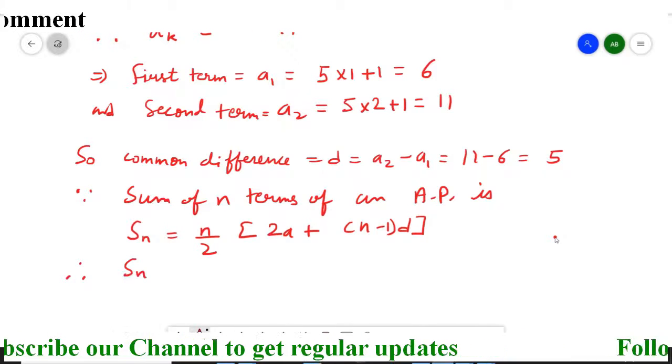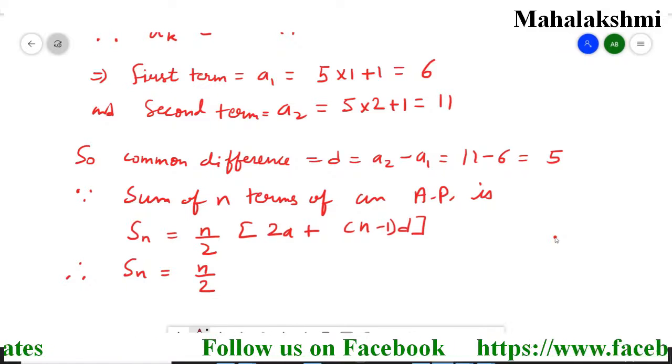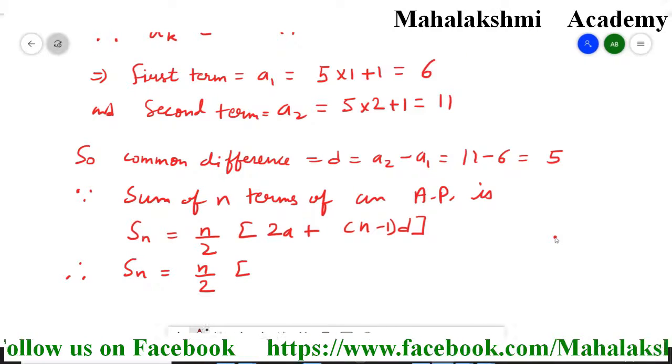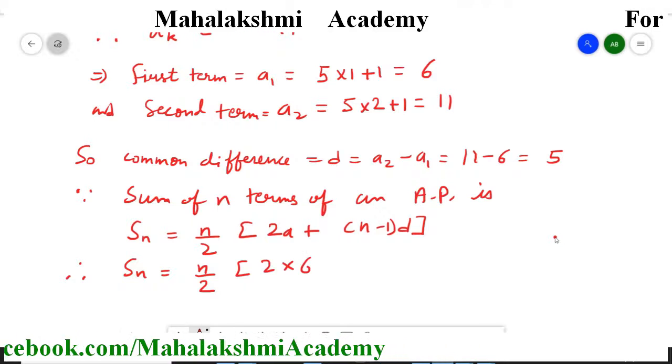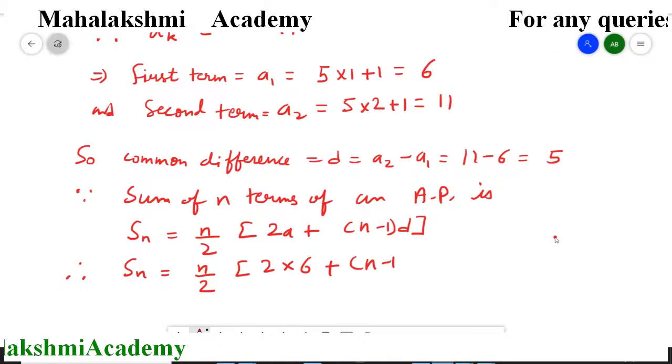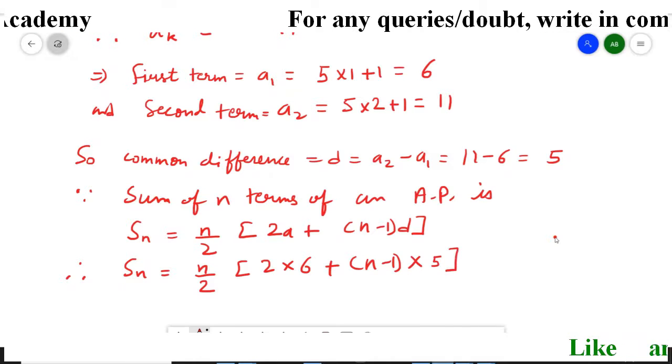So Sn is equal to, and we have to calculate Sn only, so instead of n we are not going to replace it by anyone. So 2 multiplied by a, which is 6, plus n minus 1 as it is, and d is 5. Now we open it.